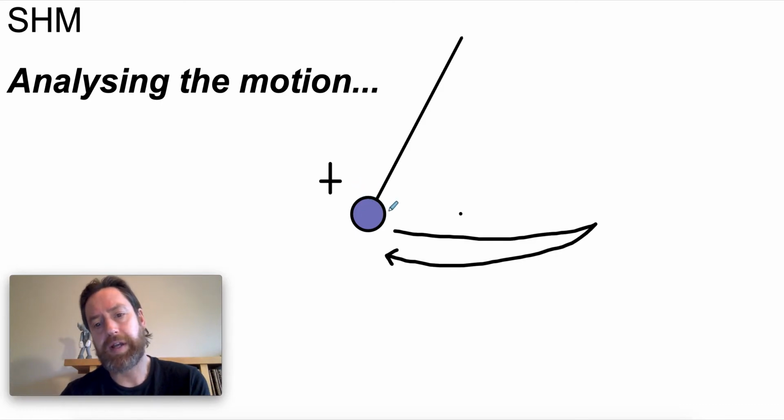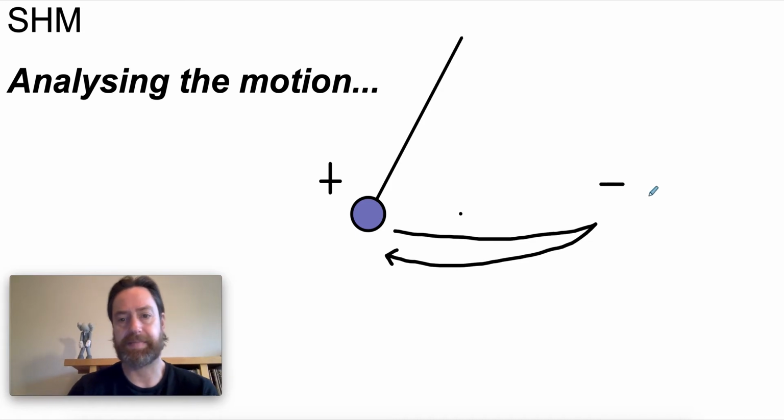It's going to swing through the equilibrium or rest position, in the middle. And then it goes past that rest position, and we then go over to negative displacements. And that's just a convention that we have decided to agree upon, or I have decided for you that you're going to agree upon.